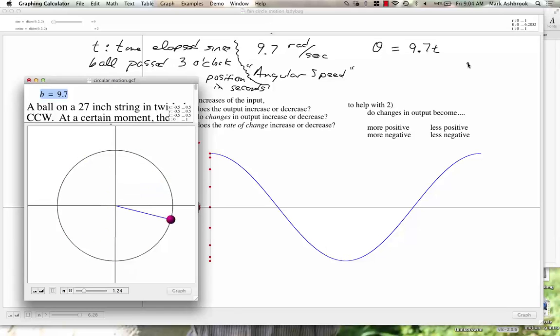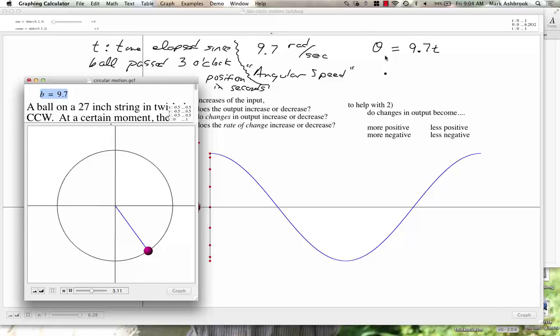You'll see that the number of radians is always 9.7 times however many seconds has gone by. That's what 9.7 radians per second means. Every second, it goes 9.7 radians. So in t seconds, it's going to go t times that many radians. t times 9.7 radians. Okay?